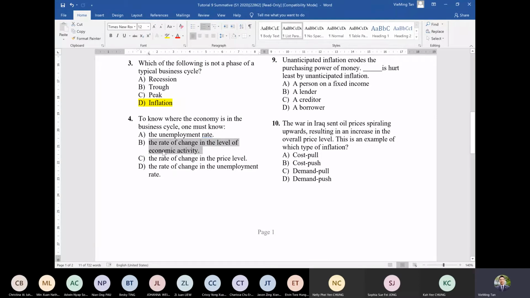We can identify this based on the economic activity, how active it is at the moment. From there, we can identify the business cycle stage, whether it's recession, growth, peak or trough. So the best answer is B.